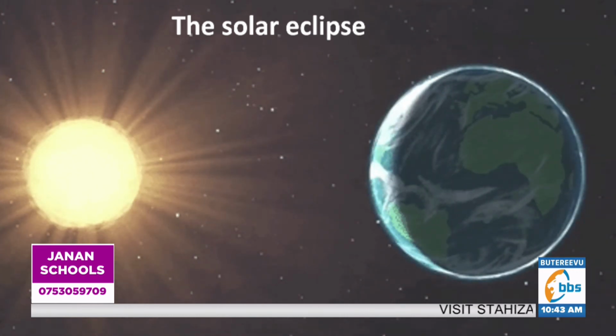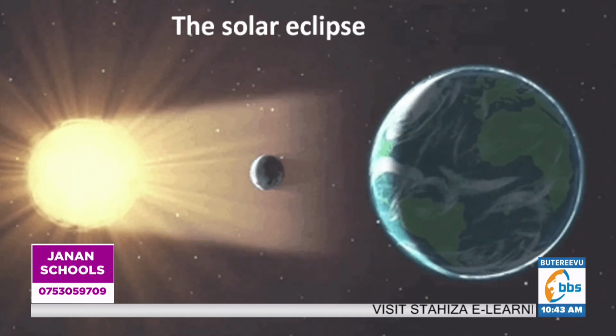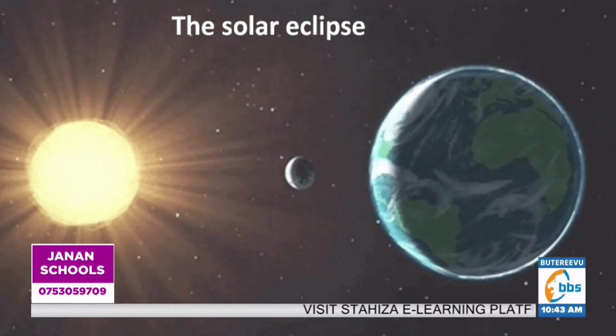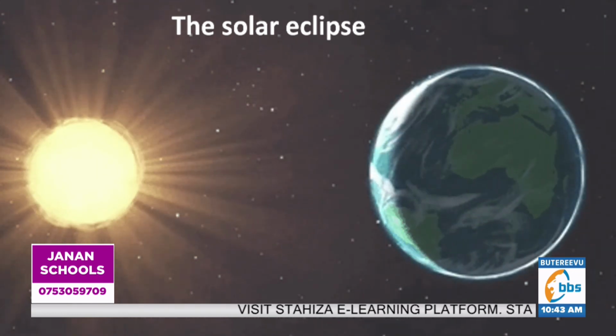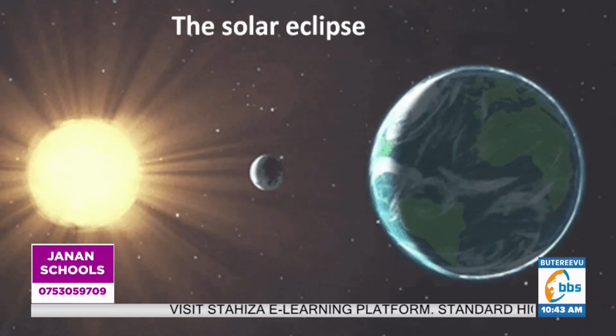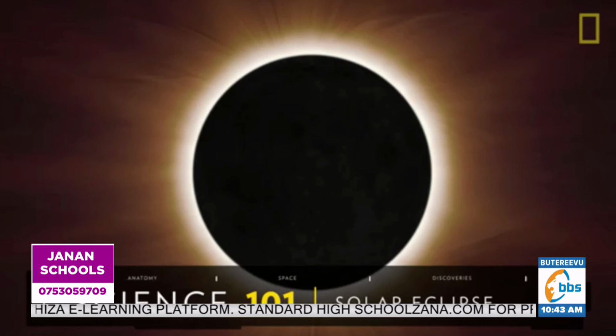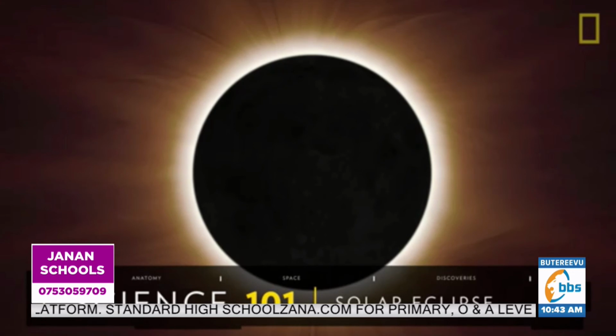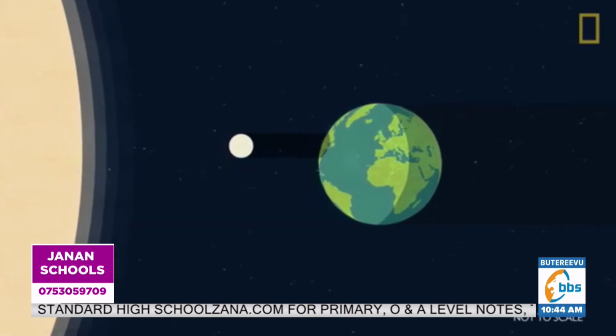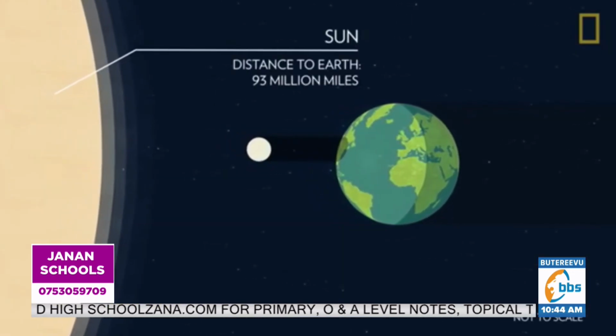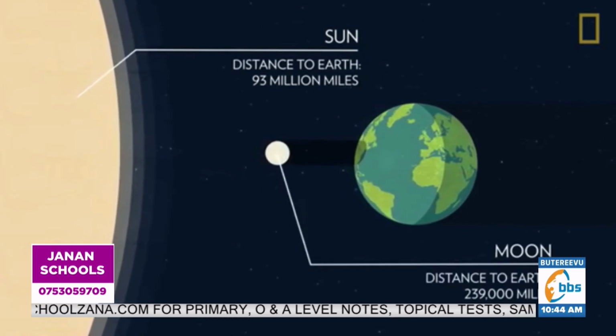So when it moves and blocks the light, actually some light from the sun, the shadow will be cast on the earth. Then let's proceed and look at that also. Just look at that, and you're going to see how solar eclipse occurs.